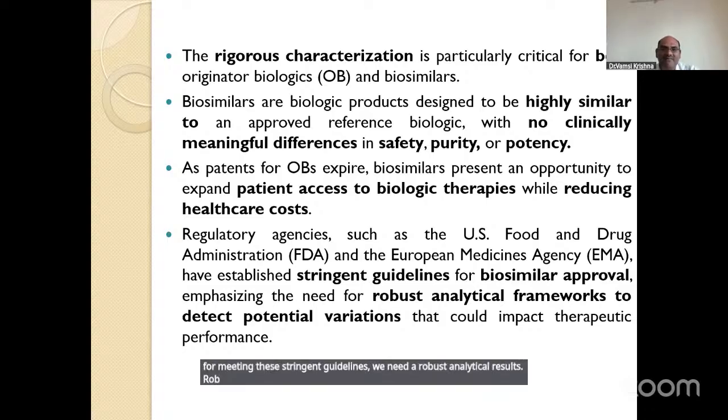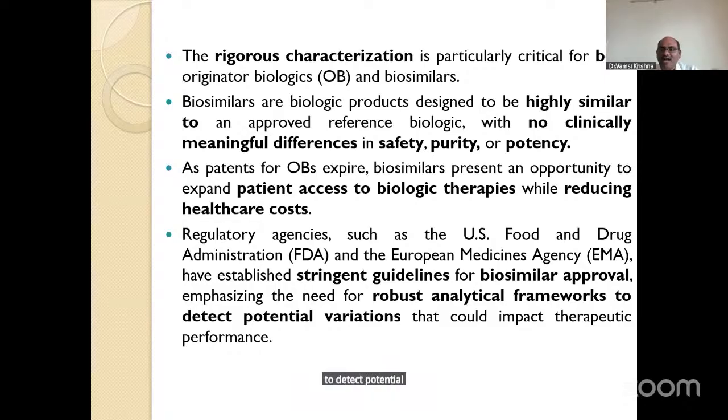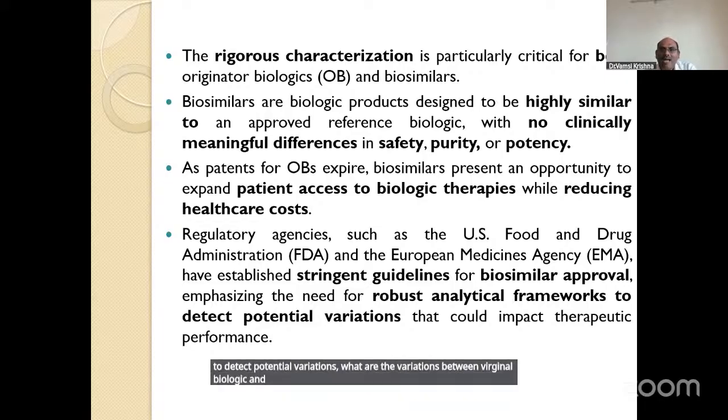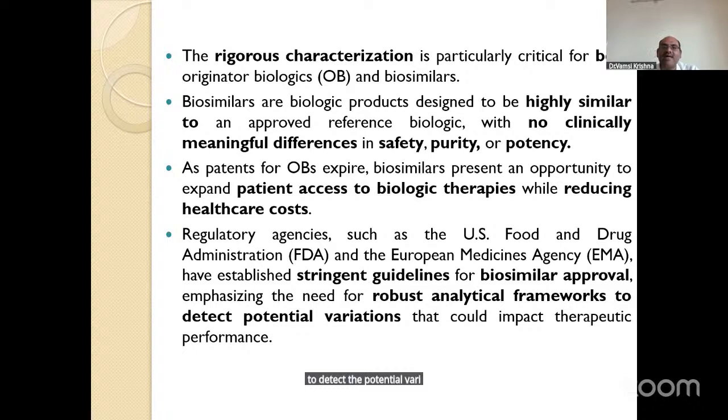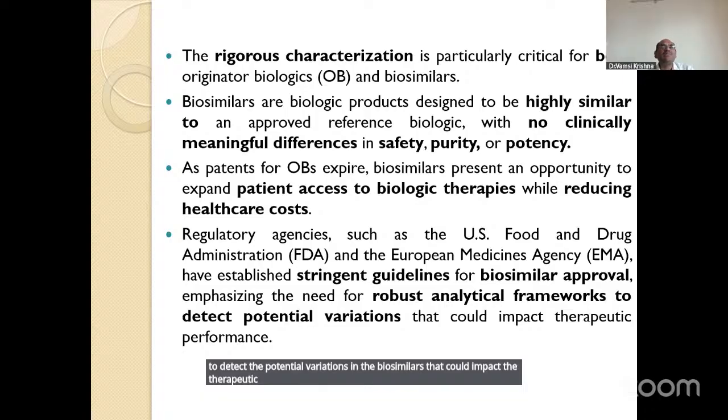Robust analytical frameworks are required to detect potential variations. What are the variations between the original biologic and the biosimilar? And how are you characterizing your biosimilar with the help of robust analytical techniques? These are required to detect potential variations in biosimilars that could impact therapeutic performance, because even a small variation in a biosimilar will affect its therapeutic performance.